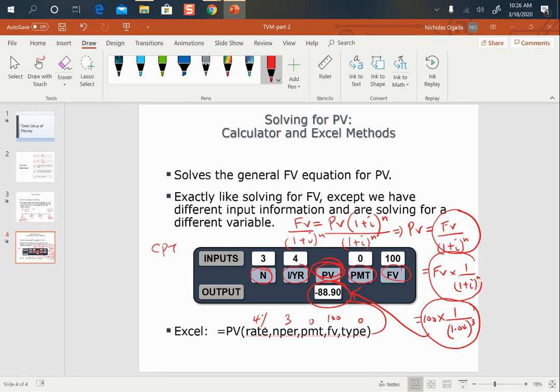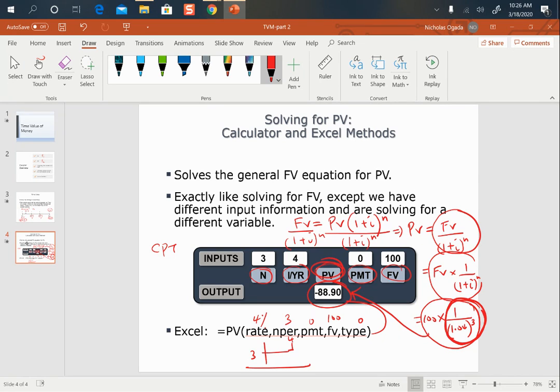If you use the financial tables, then what the table is going to give you is this expression. So if you locate a table where n is 3 and I is 4%, your number of periods is 3 and your rate is 4.